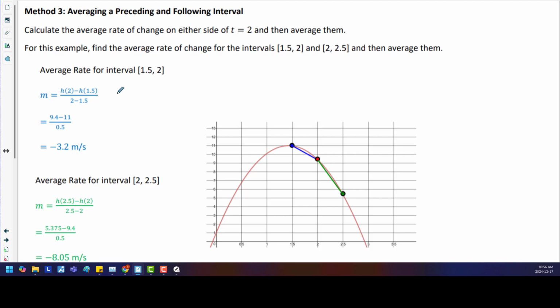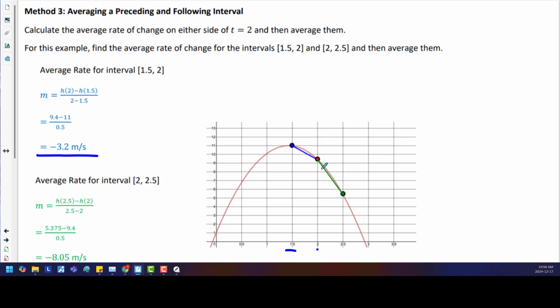So we find the average rate, or like the secant. We draw a secant from the first point that's right next to 2 and then including 2. So this is a line that's here, so I'm going to find the slope from this line to this line. We get negative 3.2. Plug it into the equation.